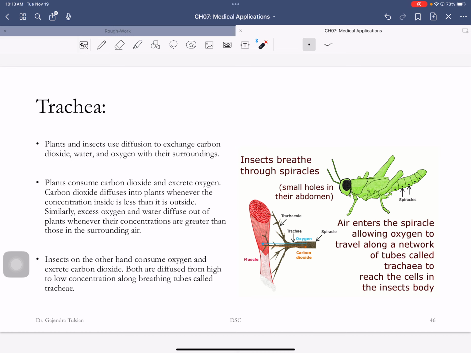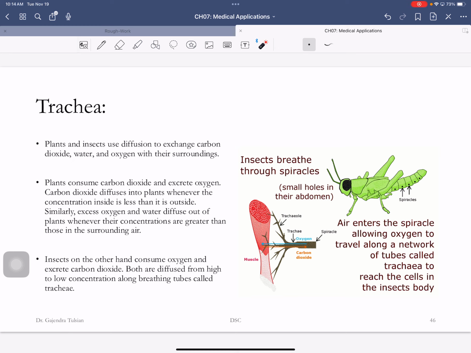So here's how insects get oxygen. They have spiracles. Insects are small, and these spiracles branch out into tracheoles and so on, and oxygen diffuses directly to the muscles like this.